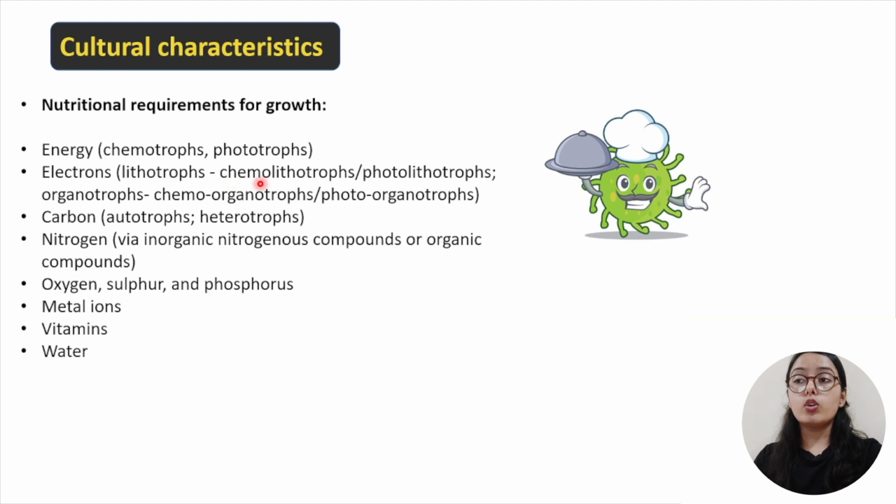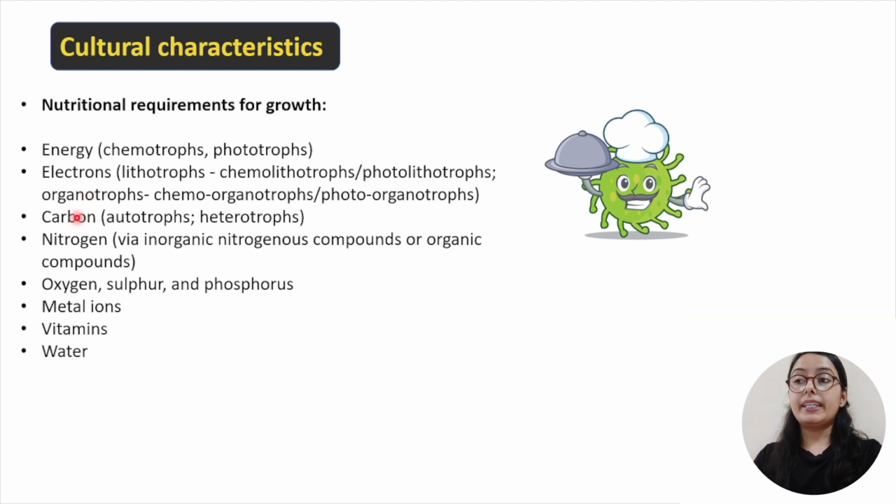When the source of this inorganic compound is chemical, such bacteria are called chemolithotrophs. When the source is light, such bacteria are called photolithotrophs. Similarly, those bacteria which rely upon organic compounds for electrons are called organotrophs, and similarly chemoorganotrophs and photoorganotrophs.